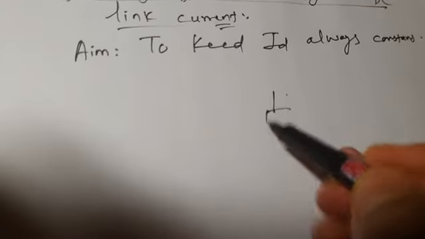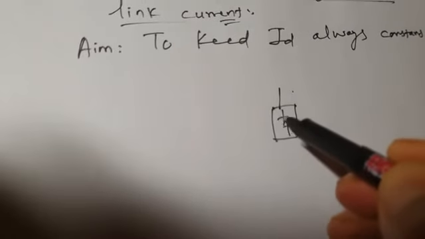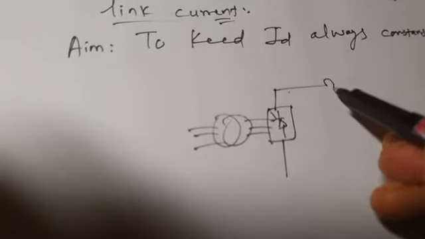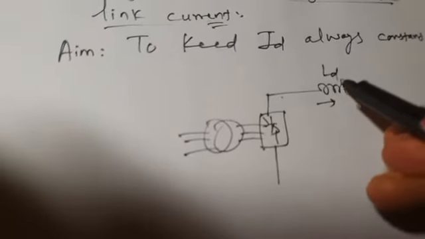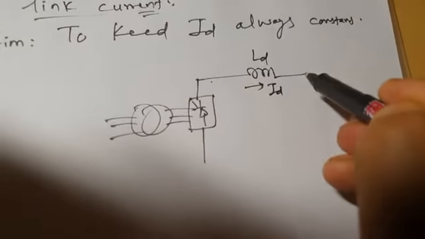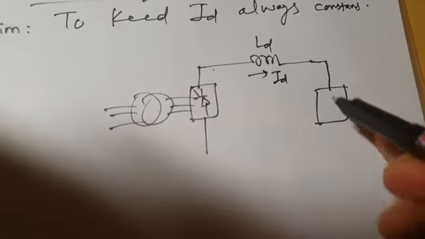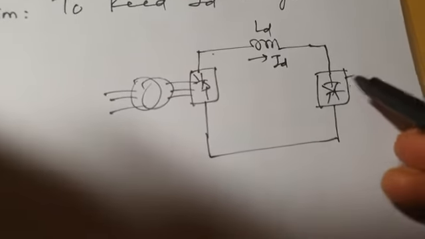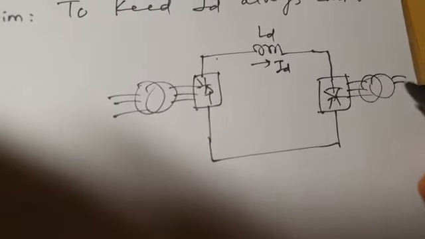Now the situation is like this. This is your rectifier station and this is the rectifier. This is the DC line inductor LD, and the DC line current ID has to be maintained constant. This is the inverter side, a line commutated inverter, and this is its AC side.